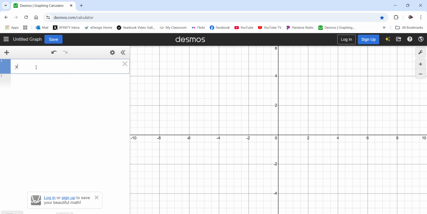So instead of f of x, we're just going to say y equals. And then we're going to go x minus 2, I'd put that in parentheses.